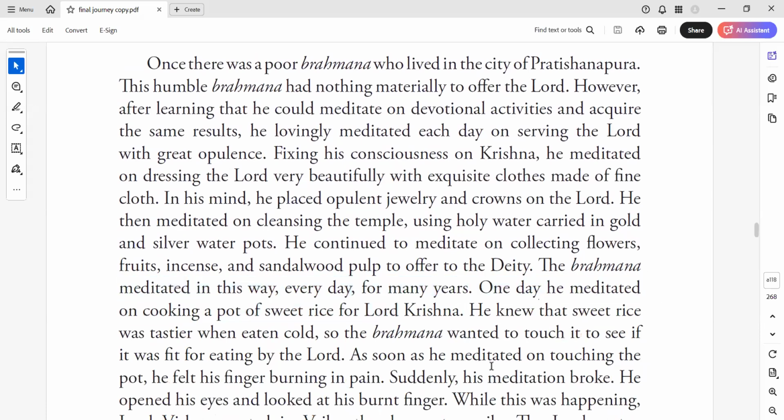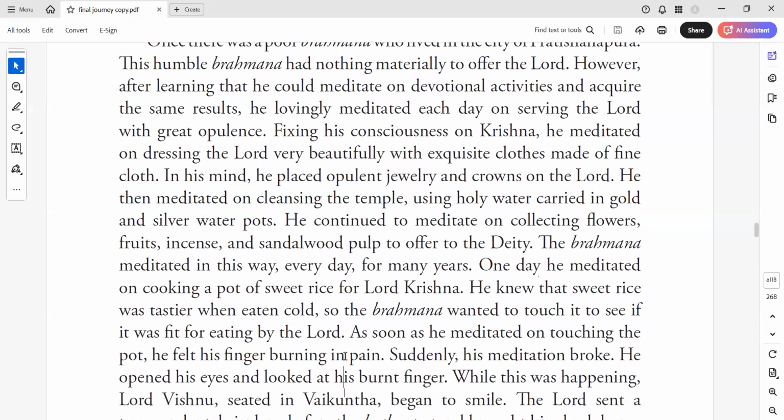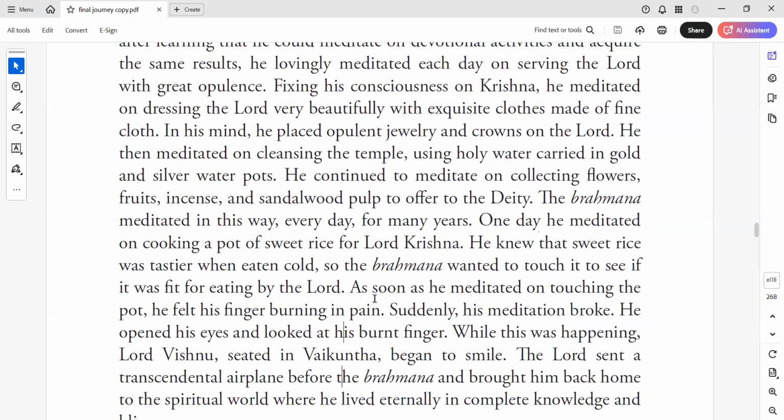Once he meditated on cooking a pot of sweet rice for Lord Krishna. He knew that sweet rice was tastier when eaten cold, so the Brahmana wanted to touch it to see if it was fit for eating by the Lord. As soon as he was meditating on touching the pot, he felt his finger burning in pain.